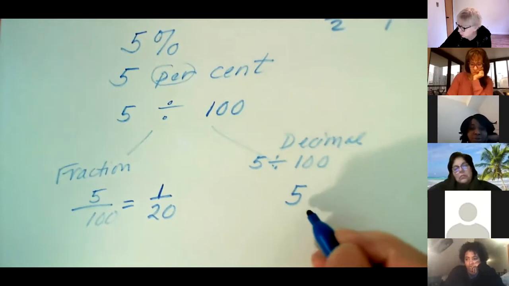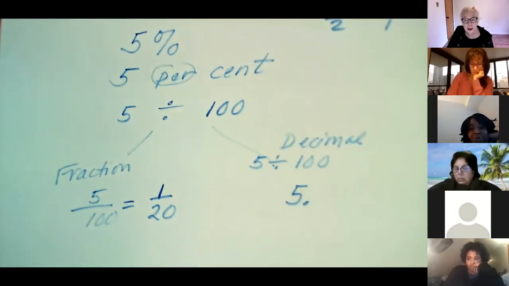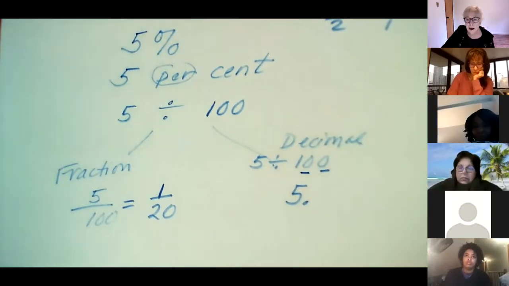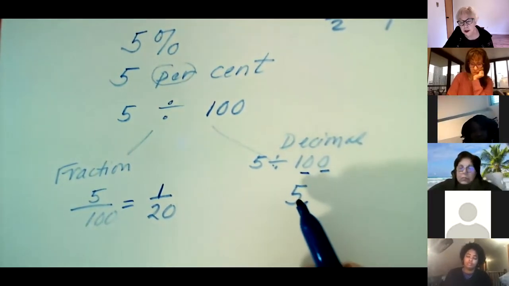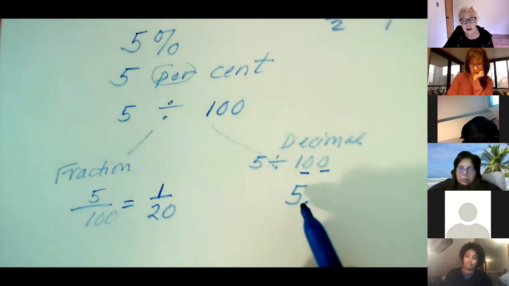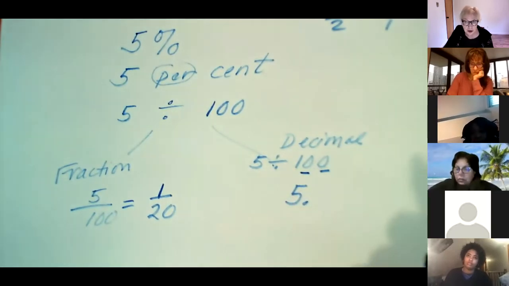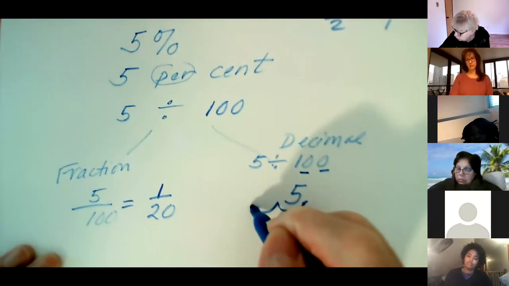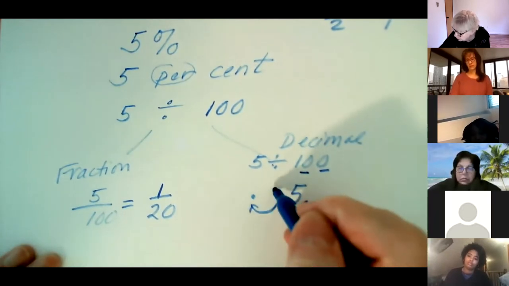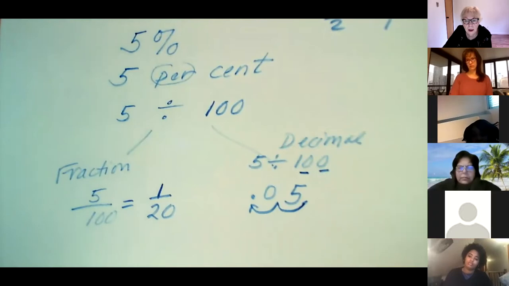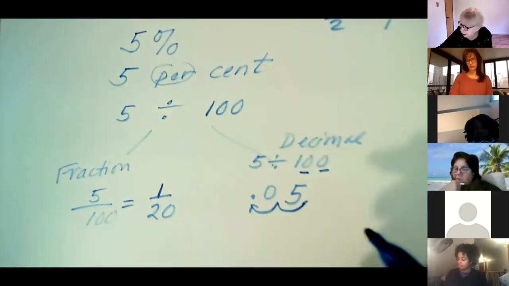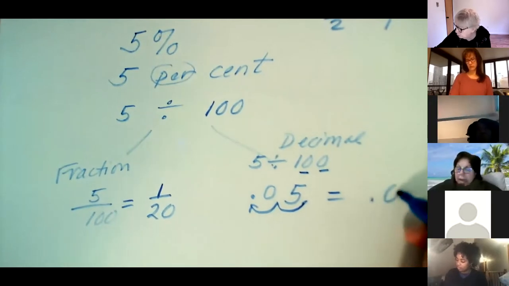The 5 initially has the decimal here. When you divide by 100, the decimal shifts to make the number smaller because you're dividing. It shifts 2 decimal places. So 5 divided by 100, which was 5%, is 0.05.